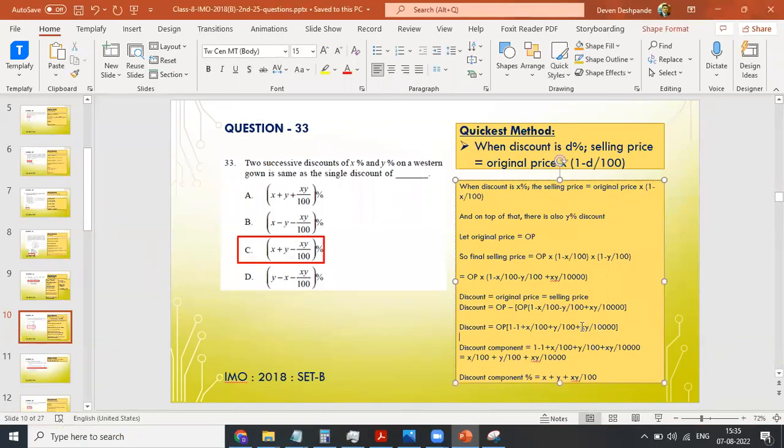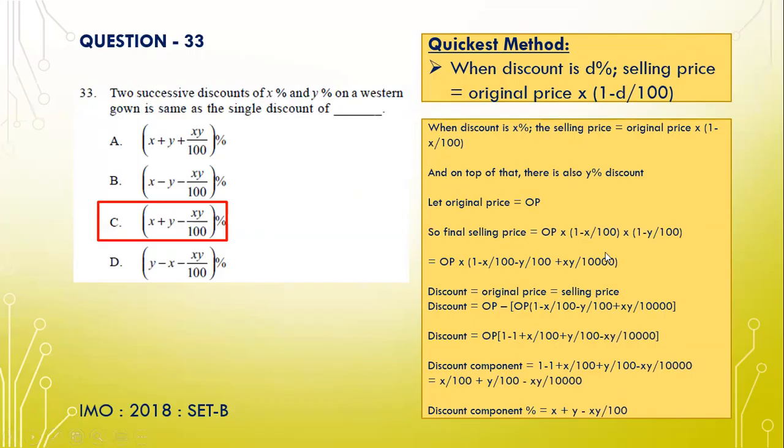Minus minus is negative. Again, this will be minus xy upon 10,000. So it will be 1 minus 1 plus x upon 100 plus y upon 100 minus xy upon 10,000.